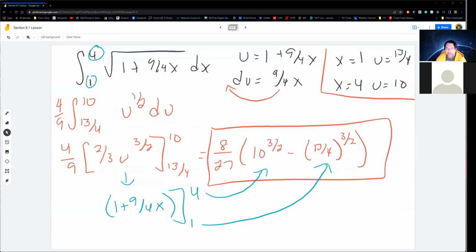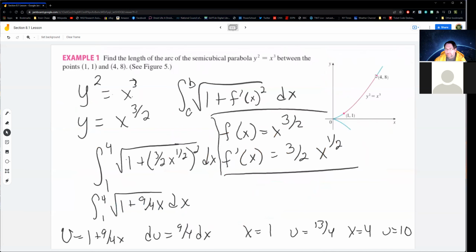It wouldn't have actually changed anything. So that would be the arc length of that arc. That'd be how long that arc is right there.